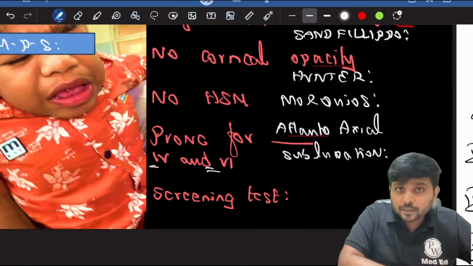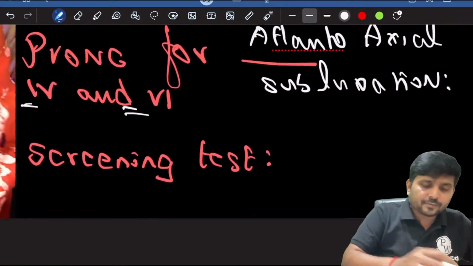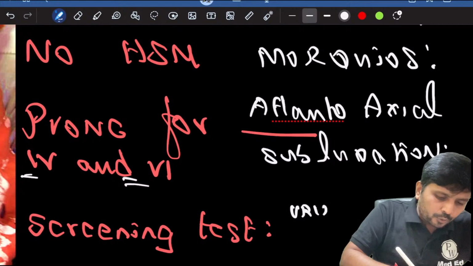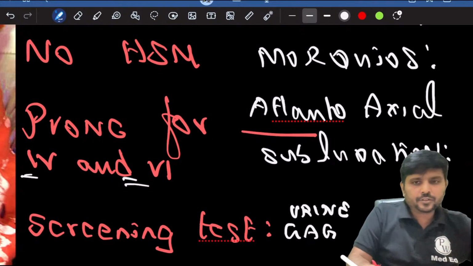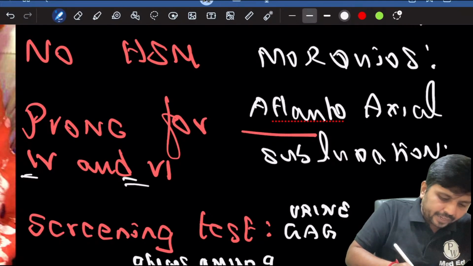If it is prone for subluxation, the child can be prone for sudden death. So what is the screening test of choice for any suspected mucopolysaccharidosis? Urine for glycosaminoglycans.